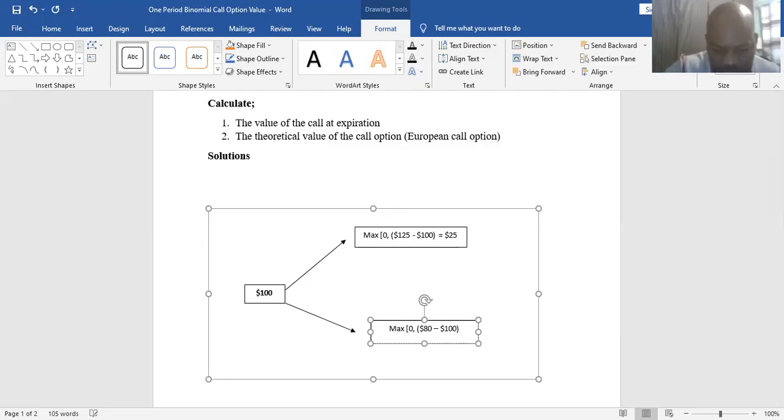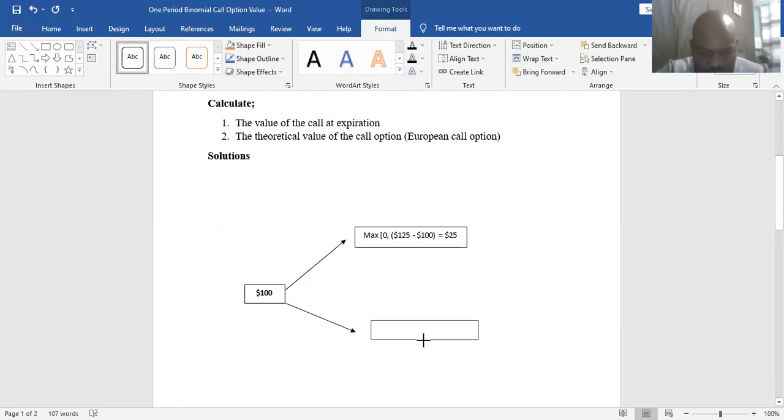This will yield a negative 20. So the maximum between -20 and 0 will be 0. So I'll indicate a 0 here.